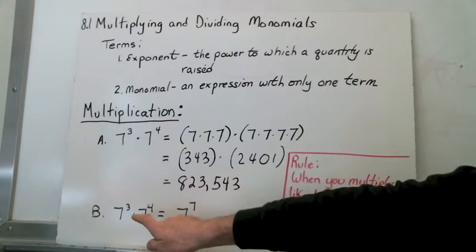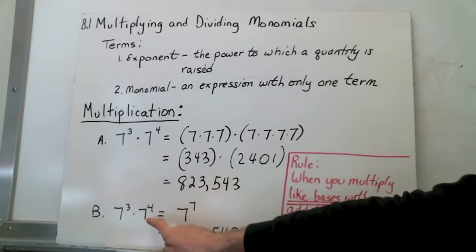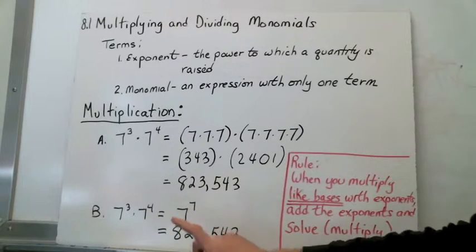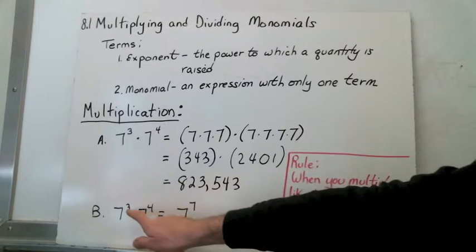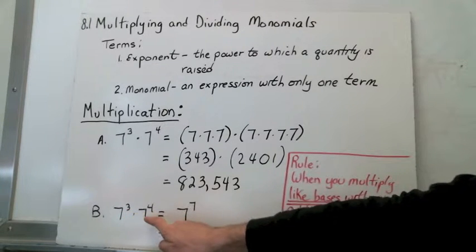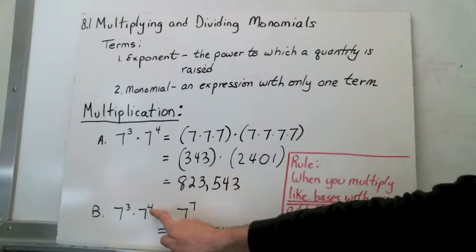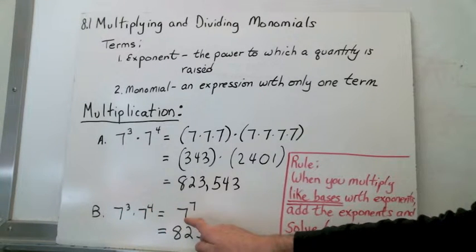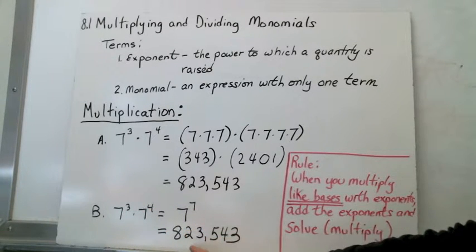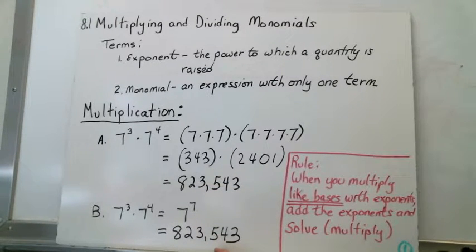So we are going to take 7 to the third power and multiply it times 7 to the fourth power. And this time, what we do is, when we have like bases, we can add our exponents. So 7 to the seventh power is the same answer that we got before, 823,543. So we want to make sure we focus on our rule here.